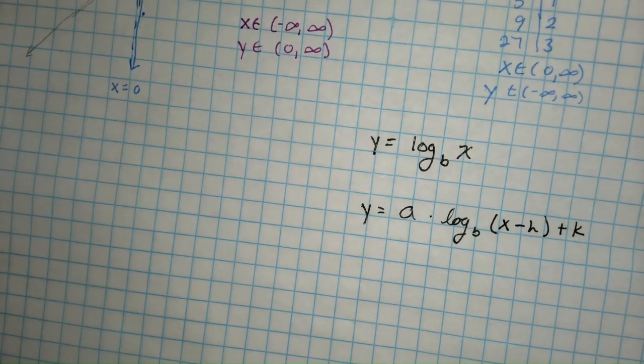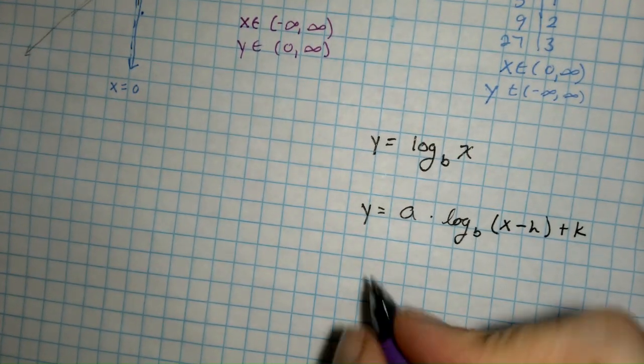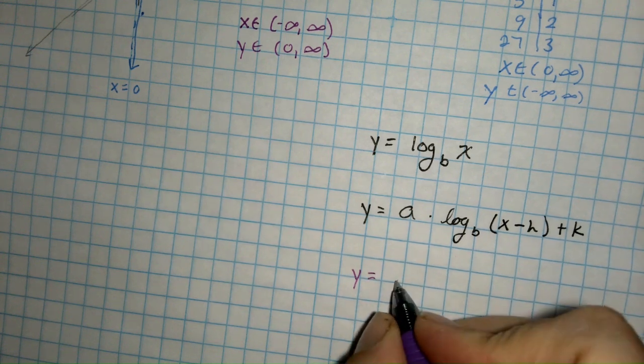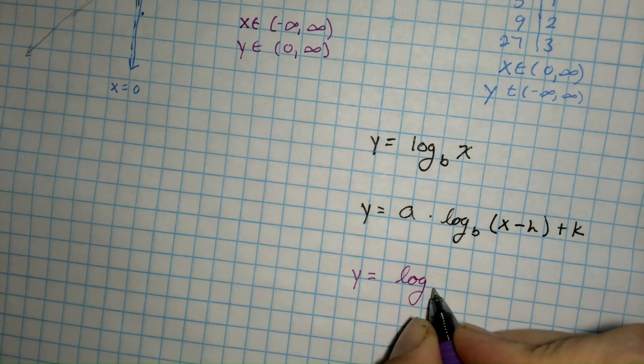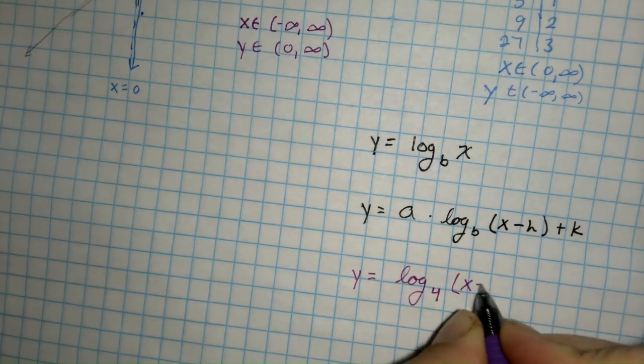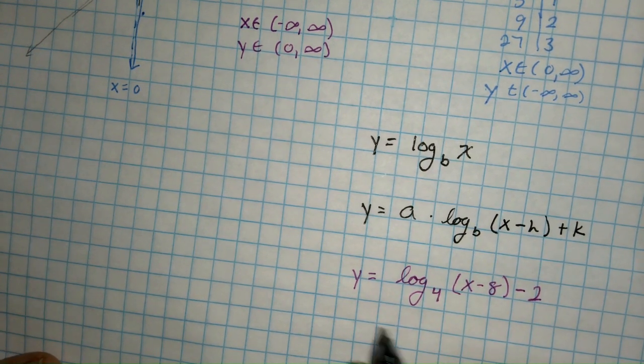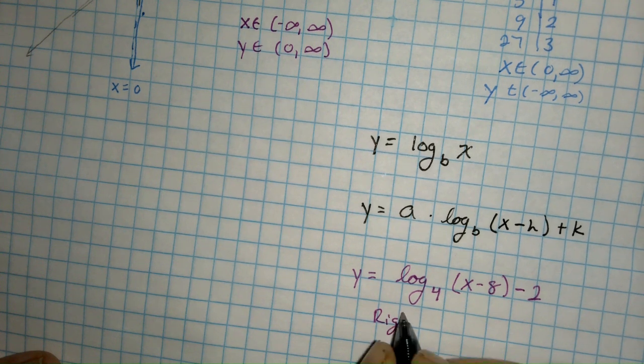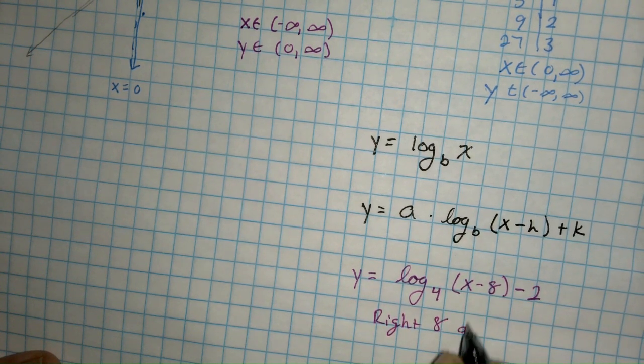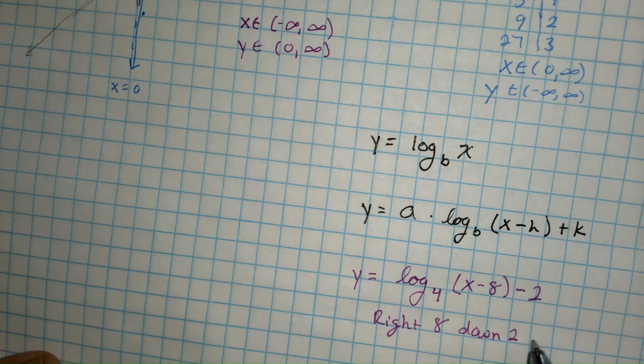So if I see y equals log base 4 of x minus 8, minus 2. This is right 8, down 2 from the parent function, which would have been log base 4.